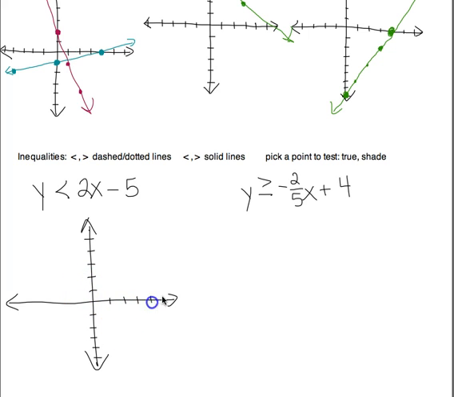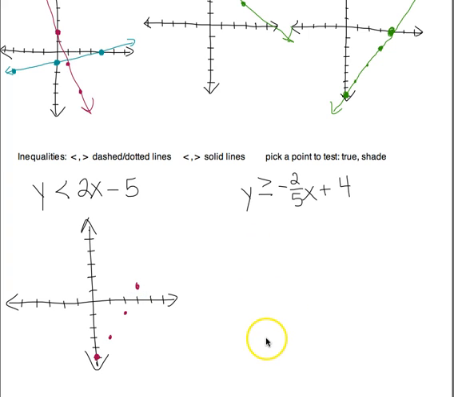And we're going to plot our 0, -5 for our starting point, just like we would if it were an equal sign. So down here, I'm still going to use my rise and run. So up 2, right 1, up 2, right 1, up 2, right 1.